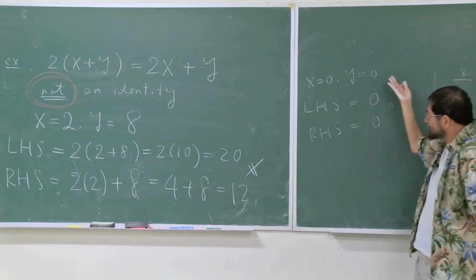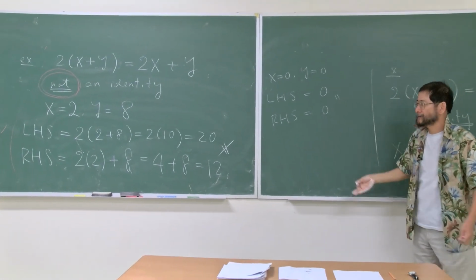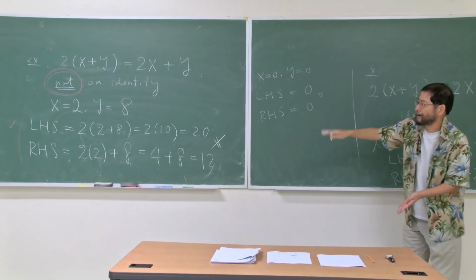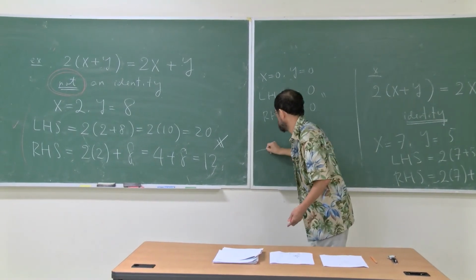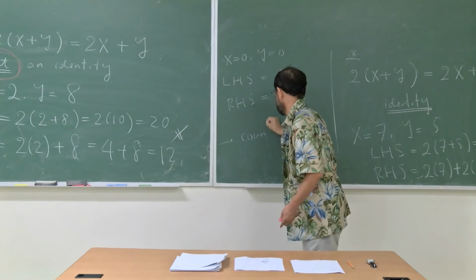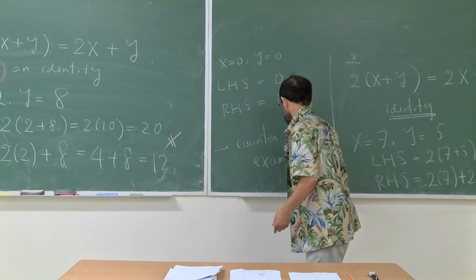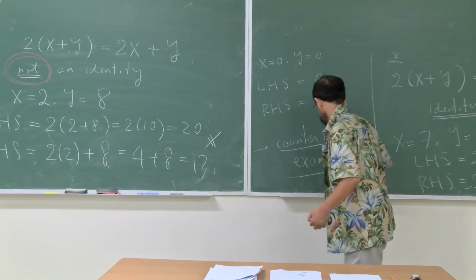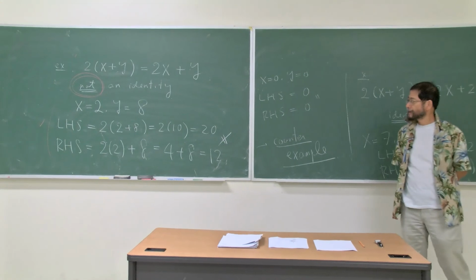Okay? So that's why this case is equal. But you picked something too simple. So that's why you have to pick something that works here. This kind of example is called a counterexample. Okay? Yes, thank you.